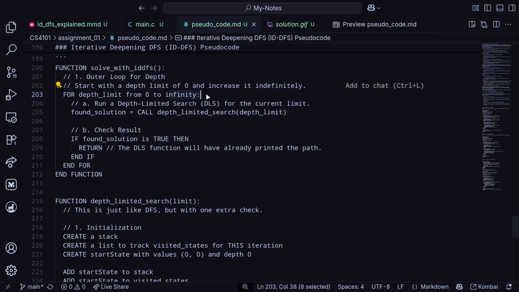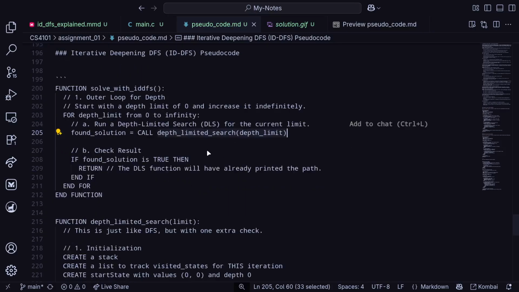And there are algorithms to switch from ID-DFS to other algorithms after that limit. Means it's not feasible to search using DFS at that point. So first you do the depth limited search for the current particular limit. You check if the solution is found based on the depth limited search call.